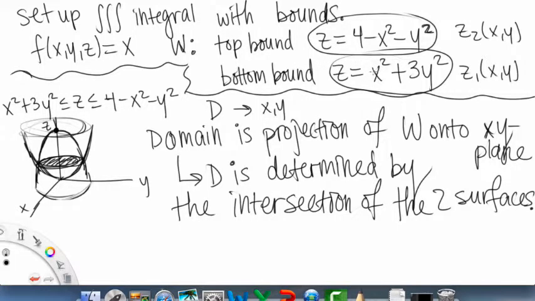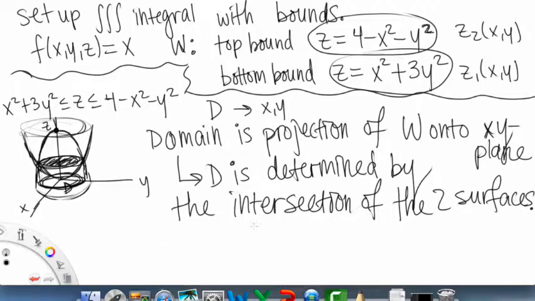Okay, so what we need to find is where these two surfaces intersect. So this disk here, or whatever this shape is, we're going to want to project it down, which means drawing straight lines down onto the XY plane. So it'll look something like that, or whatever shape it is. So that's what we want to do: figure out this D down here by projecting the intersection straight down.